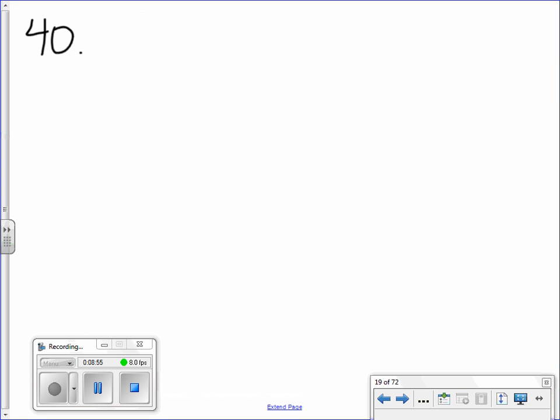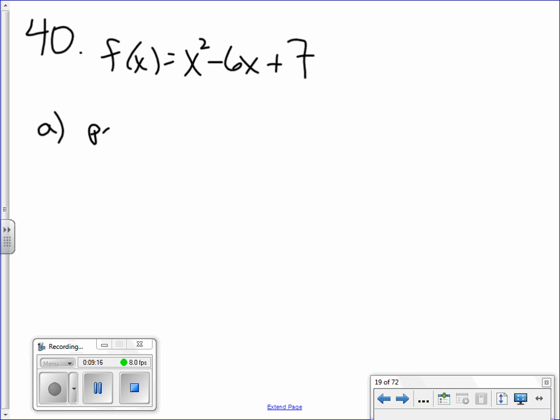Okay, so what was the function? Plus 7. Okay, and the first part we had to write the equation of a line that was parallel to some line. Okay, and what line did it have to be parallel to? Okay, so parallel to y equals 2x plus 4.